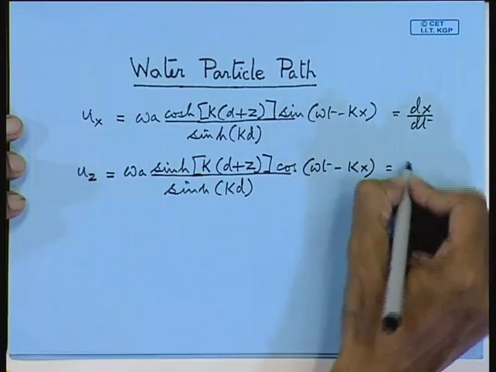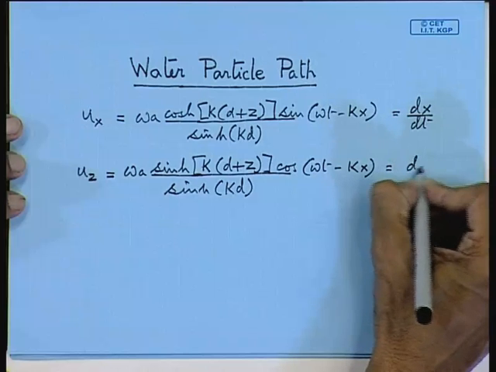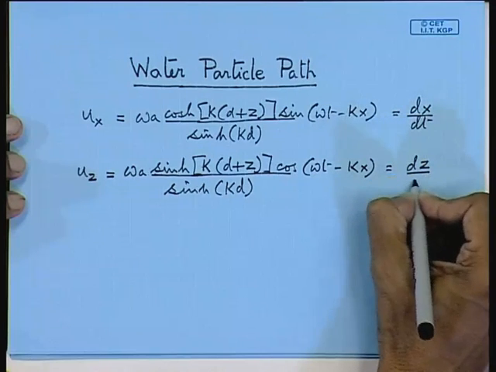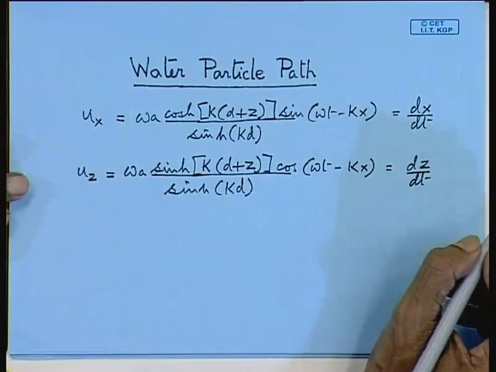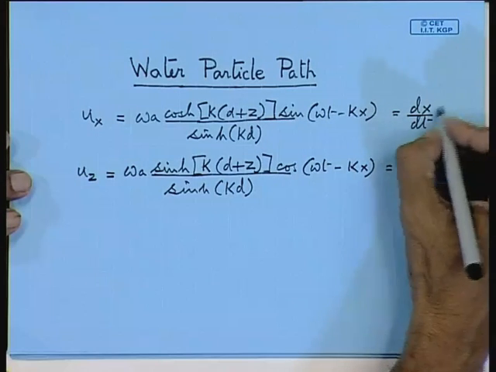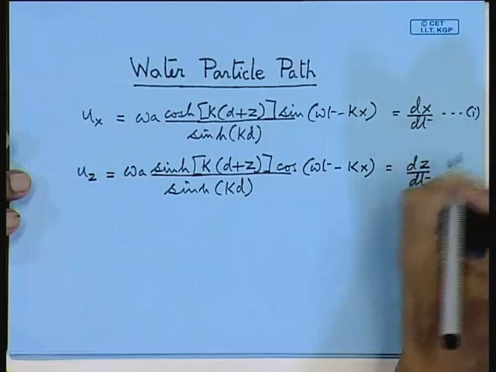Now, this is equal to dz over dt. So now you find the values of x and z by integrating these two equations. This is your equation 1, this is equation 2.